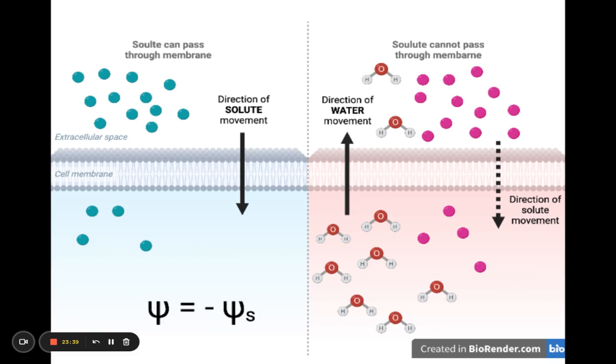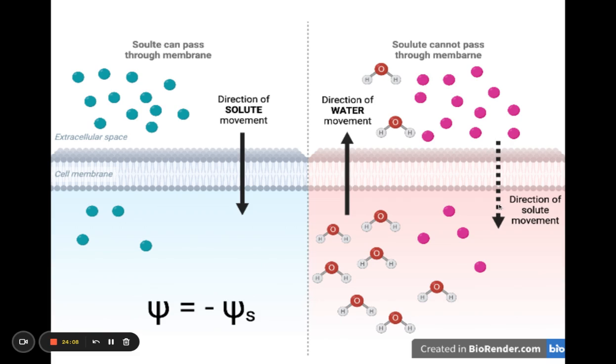But it can't, okay? It's important to stress that solute cannot move. And because the solute cannot move, we need to concern ourselves with water movement. Because the solute cannot move, what is going to move? Water is going to move. In which way is water going to move? Water is going to move from the inside of the cell to the outside. So I want you to notice the direction of water movement. The direction of water movement is opposite that of solute movement.